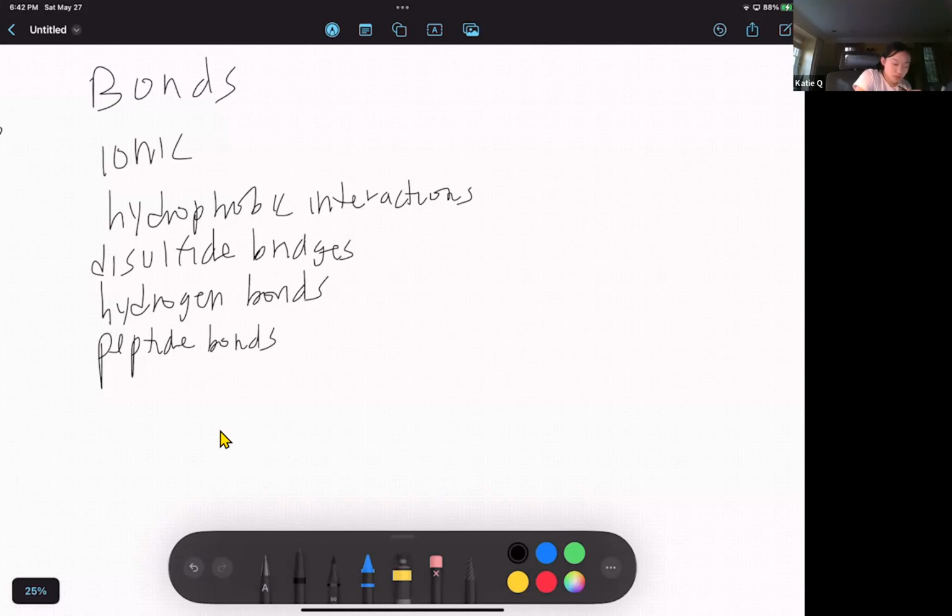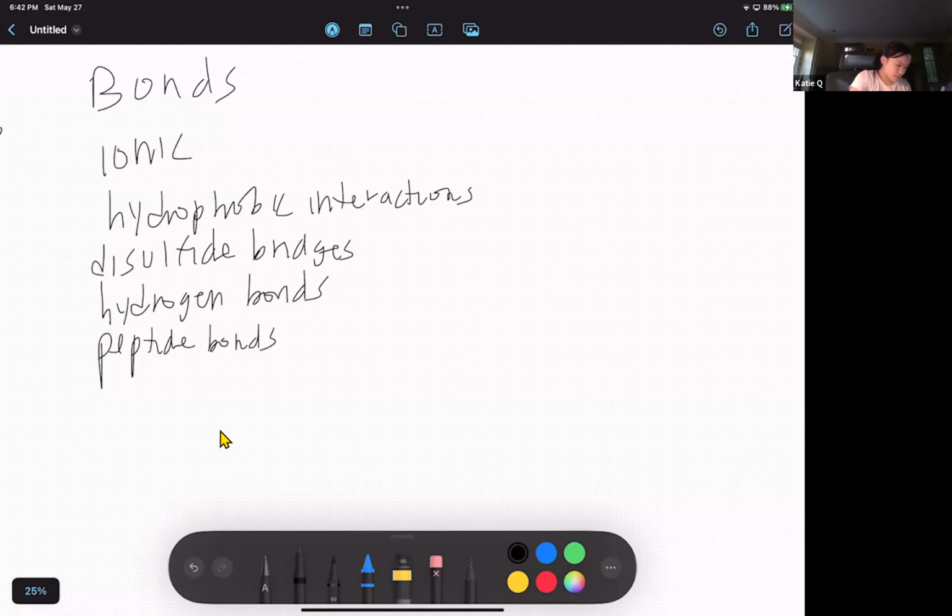H, C, another R group. H, C. So this is the, okay, let me get a different color. This is the carboxyl group. And then this is the amino group. So they're connected.